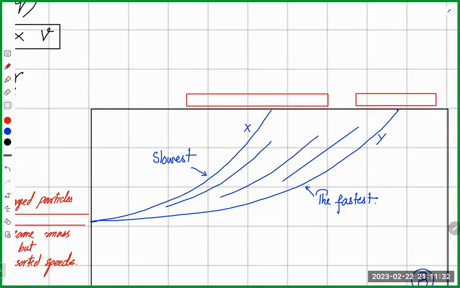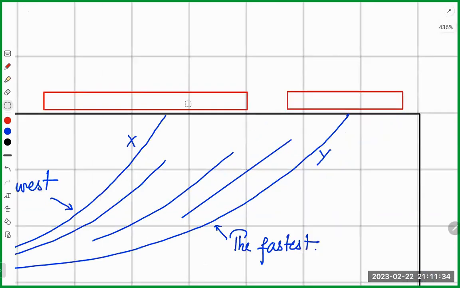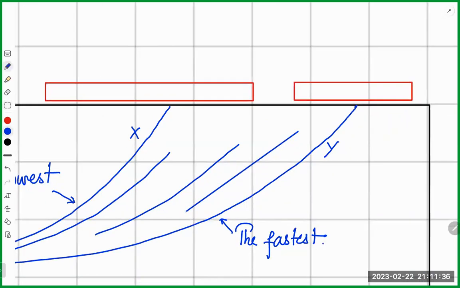This gate can move forward and backward. So this is a single gate with one opening.